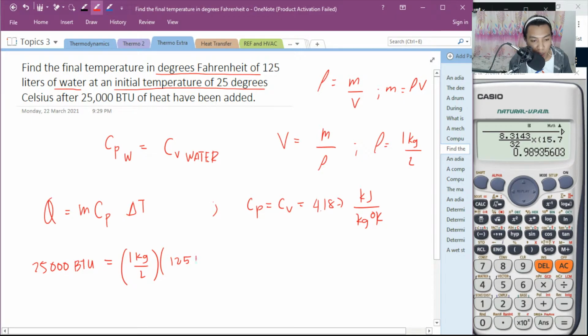O, di ka-answer kaagad yung liters. Tapos, meron kang Cp na 4.187 kilojoule per kilogram degree Kelvin. Ang hinahanap dito is the final temperature in degrees Fahrenheit. Okay? Degrees Fahrenheit.